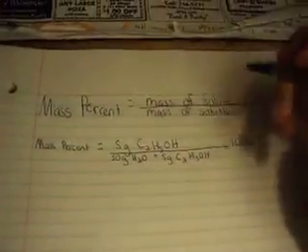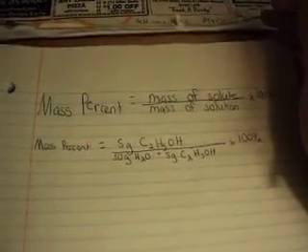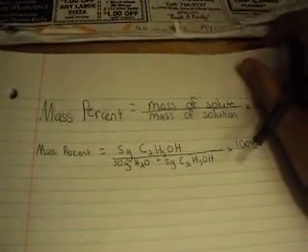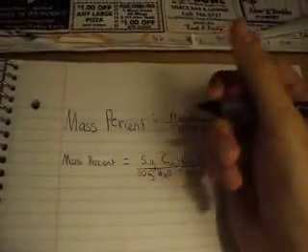Then you add up the grams of water with the grams of ethanol. You get 55.